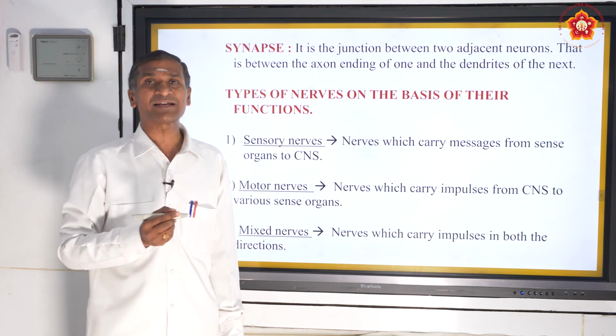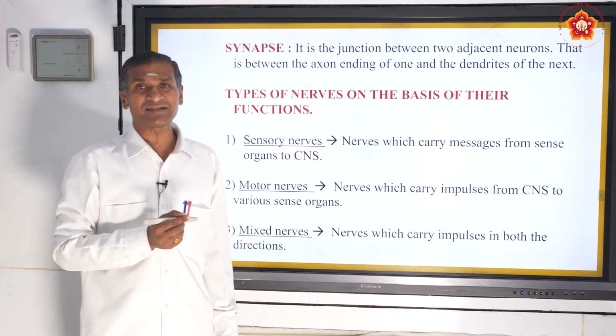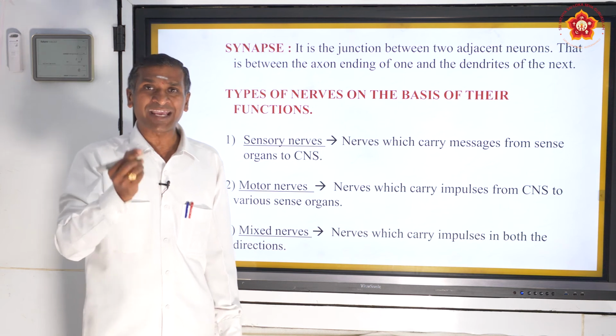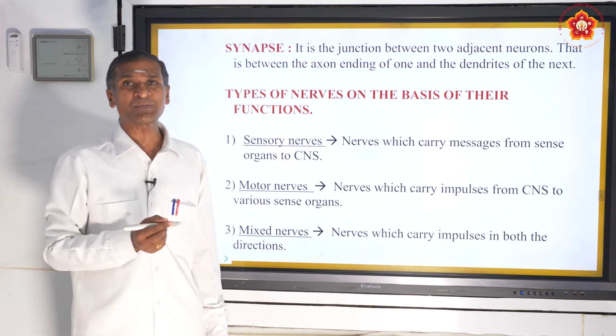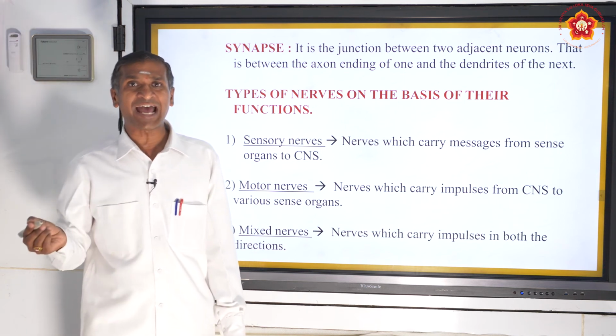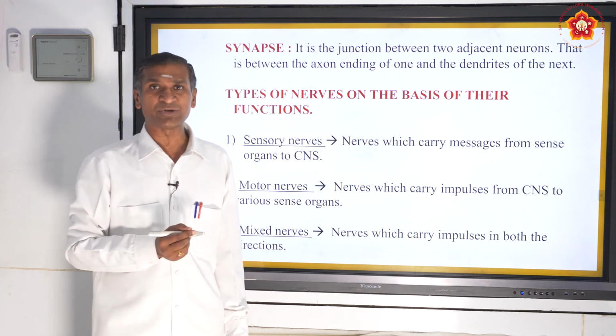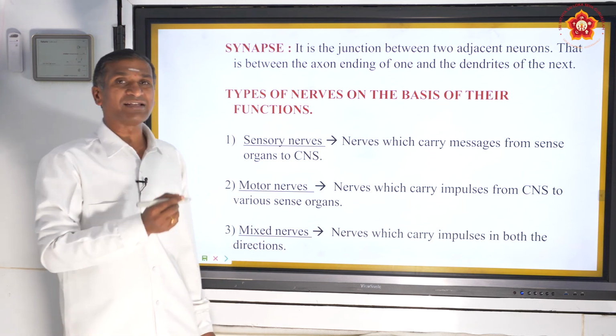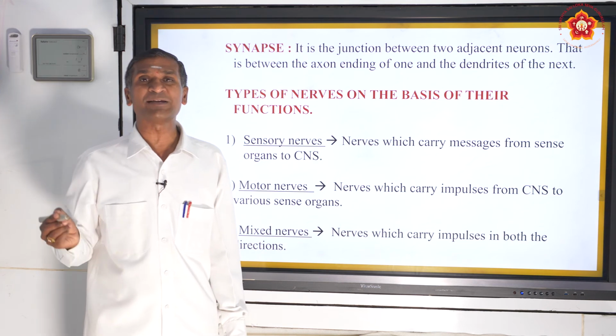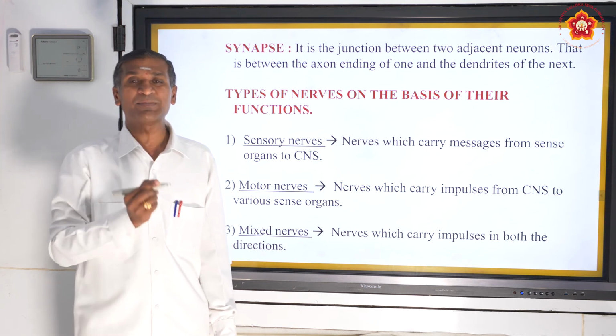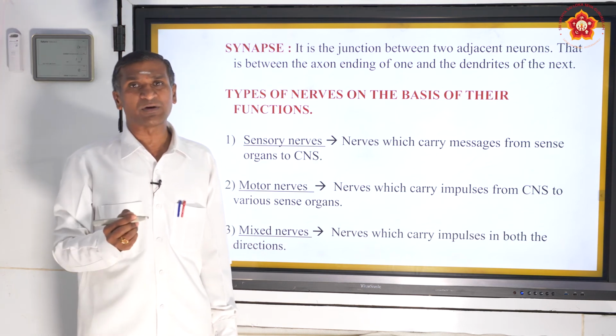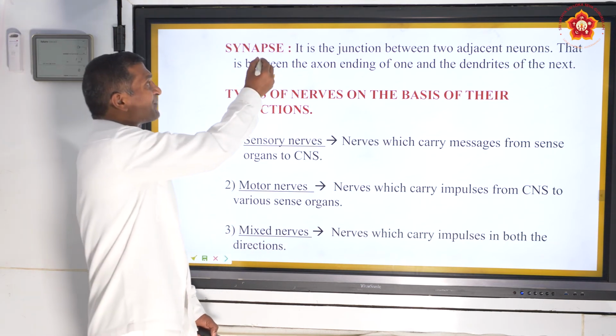And this chemical substance again gets transferred to the next axon that is connected to that neuron. In this way, there is a continuous flow of the impulses, it may be stimulus or the response, with this synapse.